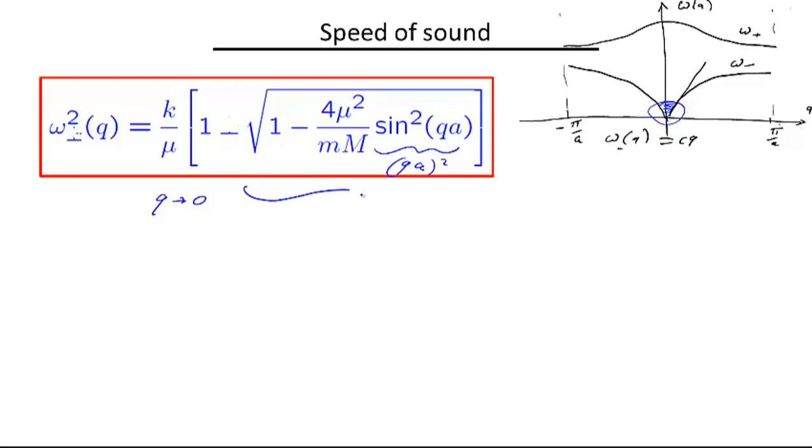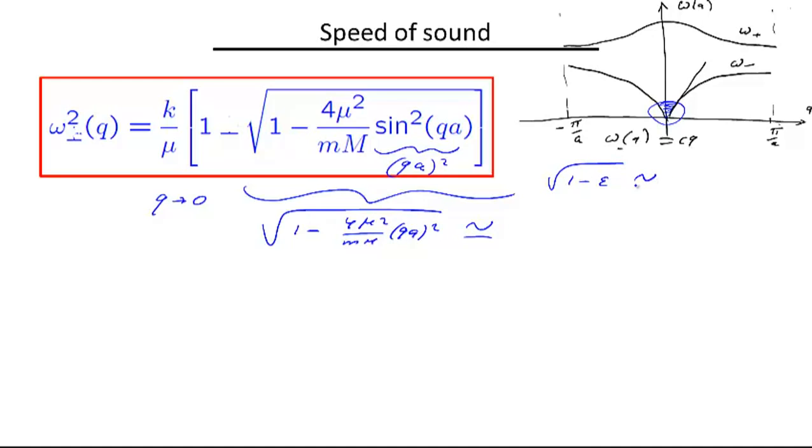And also, the square root of 1 minus this 4 mu squared over capital M, qa squared, in the limit of small q, can be written, again, using the Taylor series. So we have 1 minus epsilon, and epsilon is small. We can approximately write it as 1 minus epsilon over 2. In this case, epsilon is this whole thing, and it's indeed small because we're near zero momentum and zero energy. So we can write it approximately as 1 minus 2 mu squared over M m, qa squared. So if we plug it back in here, we see that 1 minus 1 gives us 0, and we have just this guy appearing.